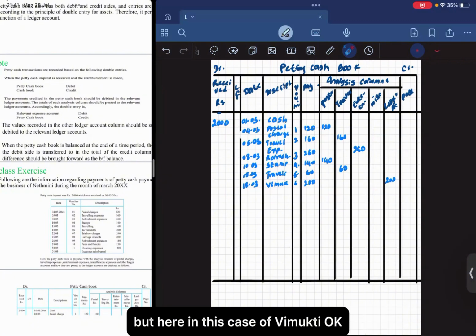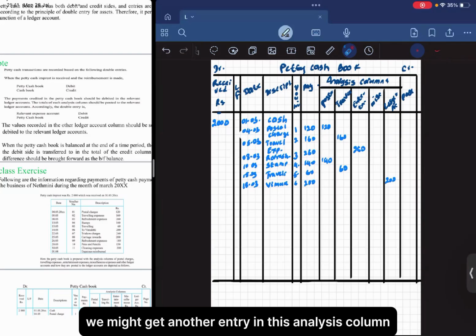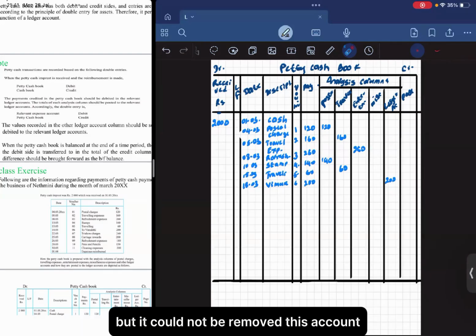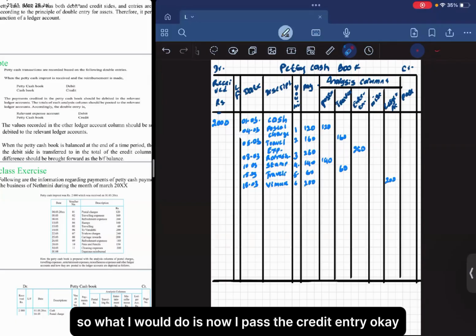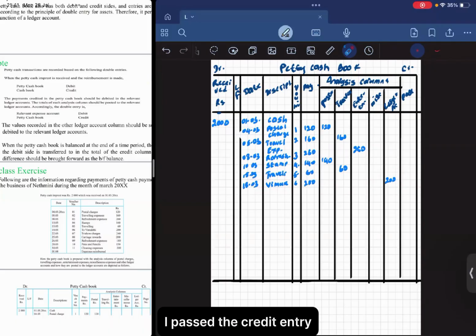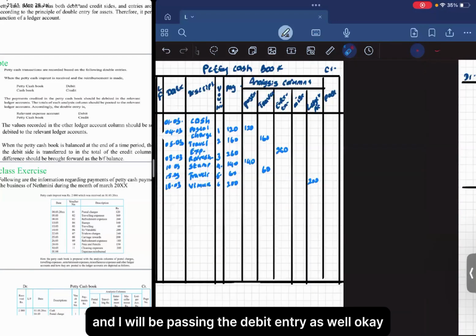But in this case of Vimukti, it is a separate ledger account. So we cannot total them. For example, we might get another entry in this analysis column in the future, but it could not be Vimukti's account. It could be some other account. So what I would do is pass the credit entry, and I will be passing the debit entry as well.